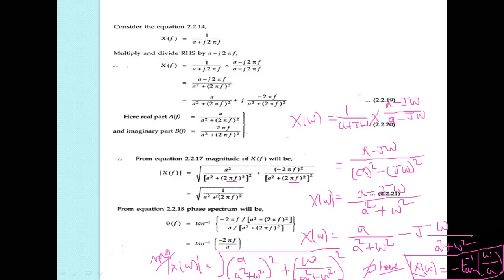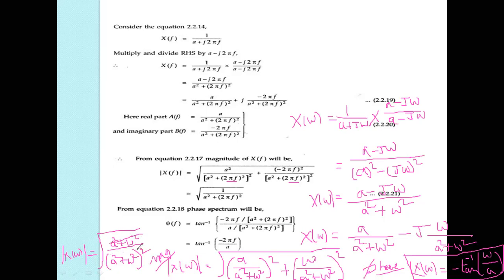Simplify this equation: the numerator has a square plus omega square and the denominator has a square plus omega square whole square. So the magnitude of X of omega, after simplifying, is 1 by under root of a square plus omega square, whole divided by a square plus omega square whole square.